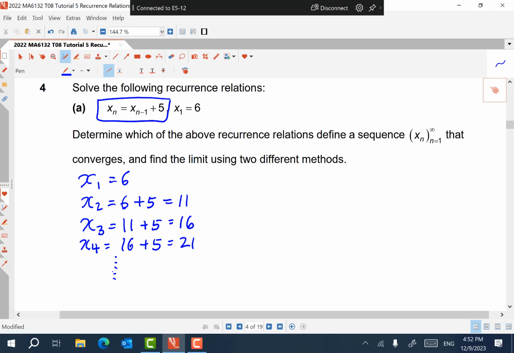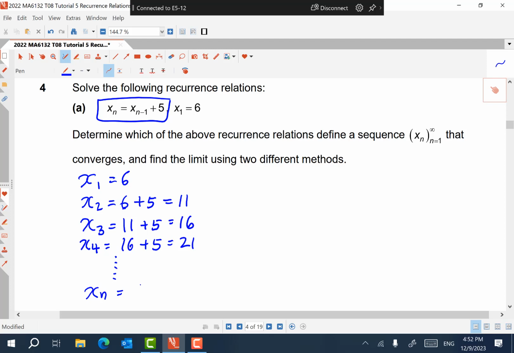Now, when you are told to solve a recurrence relation, what are you supposed to do? You are supposed to be able to write down the xn in terms of n. So solving a recurrence relation means you are able to actually write down an expression for the xn in terms of n.